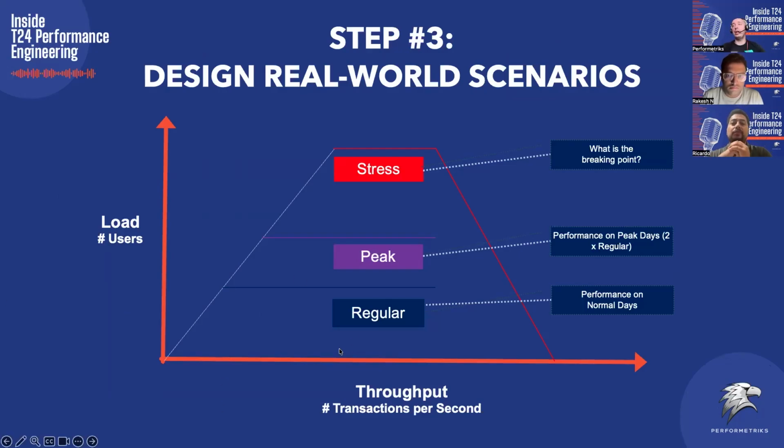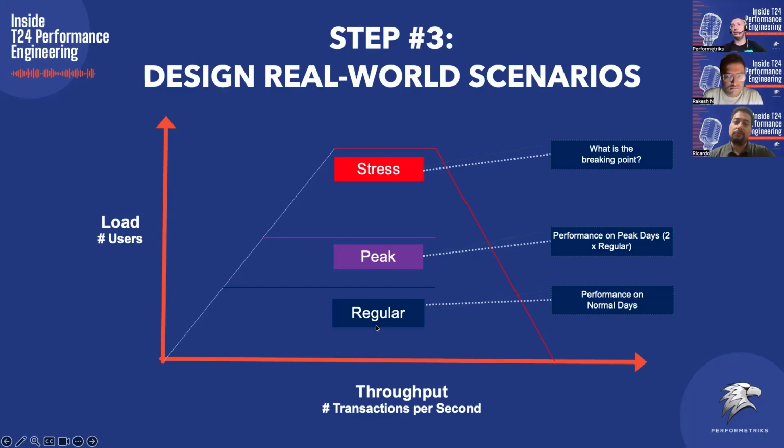First is regular, when we want to mimic the performance on normal days at the bank. The amount of transactions and concurrent users will be very similar to its normal day operation. So you can imagine how crucial it is to know and establish what a normal day at this particular bank looks like.